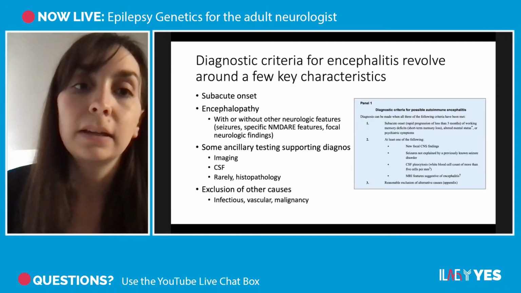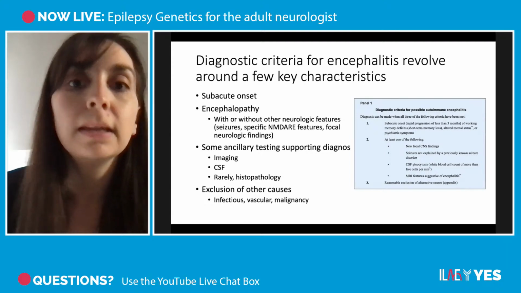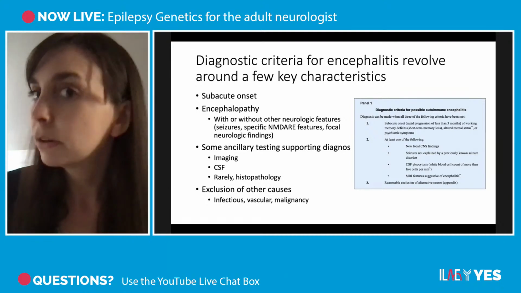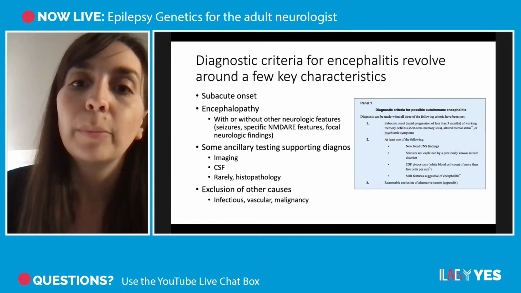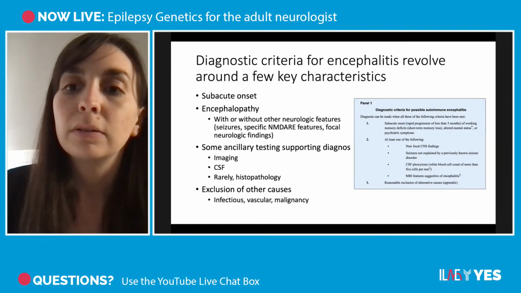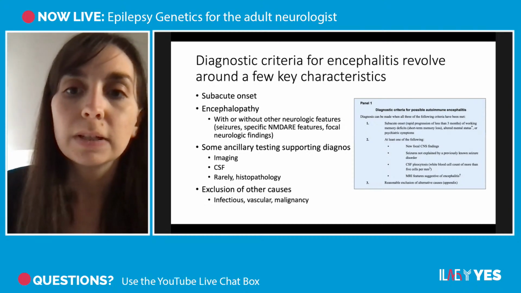And when you look at how you diagnose these patients, there are a few key characteristics that come up. There are available diagnostic criteria that were developed by a panel of international experts, primarily neuroimmunologists.